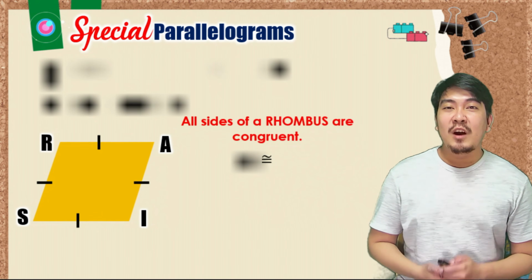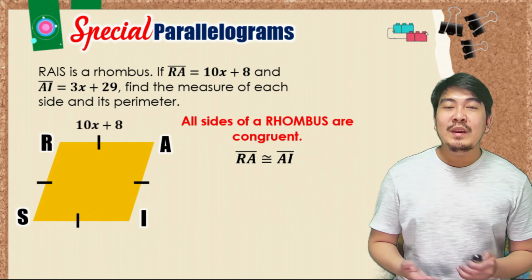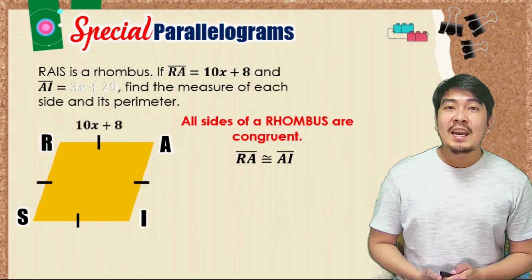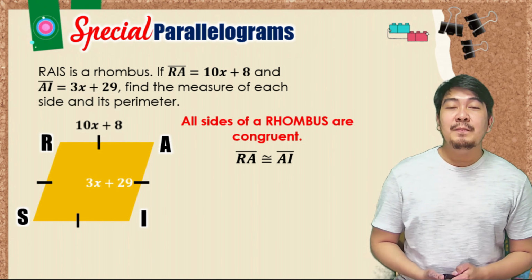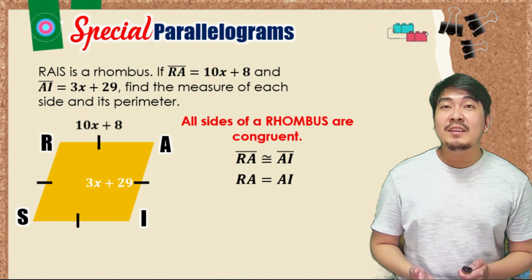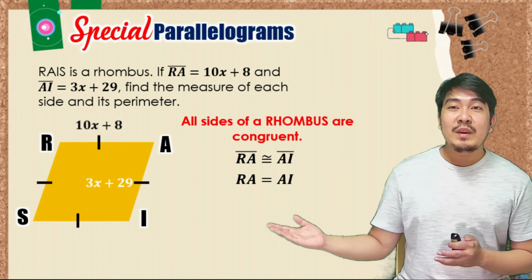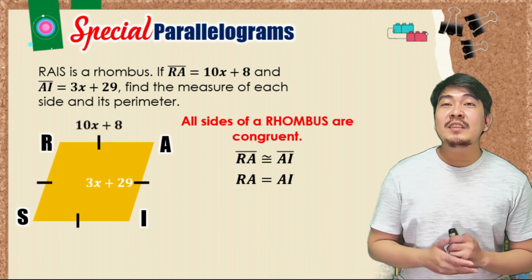So to solve this one, let us now have the given. That will be RA, we have 10x plus 8. And then AI, so we have 3x plus 29. So since the two segments are congruent, we can say that their measures are equal. That is why we have RA is equal to AI. Let us now substitute each expression.